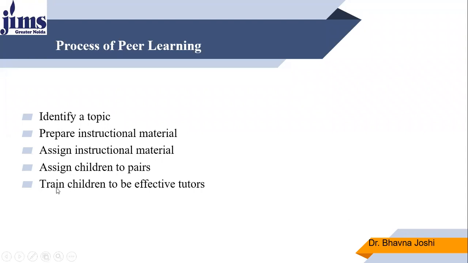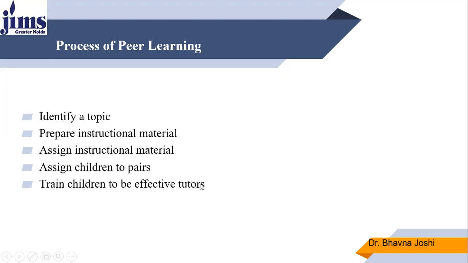Then the next step is to train children to be effective tutors. This is very important. The training is given by the teacher to the students. They are told about the objective of this peer learning: what is basically the objective of this process, and what the teacher wants out of it.